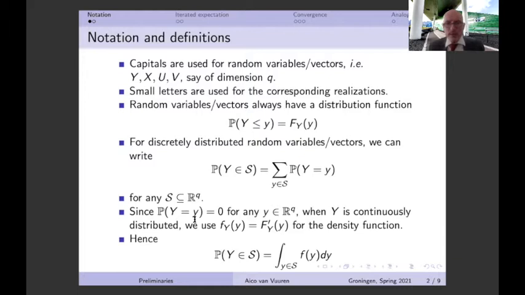And the trick is that we are not going to look at these probabilities over here, but instead we're going to look at densities. And densities are actually nothing else than the first order derivative of the distribution function that we had over there.